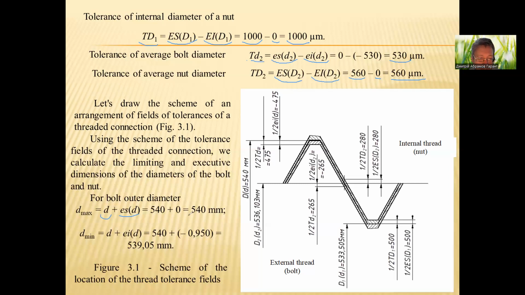So we have 540 millimeters. The smallest diameter on the outer diameter, d minimum, is equal to the nominal diameter on the outer diameter plus the lower limit deviation of the outer diameter. 540 plus minus 0.950, and we have 539.05 millimeters.